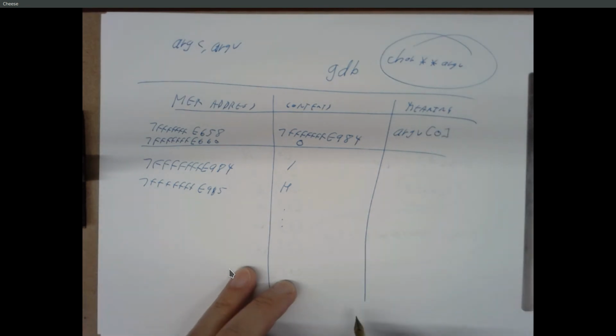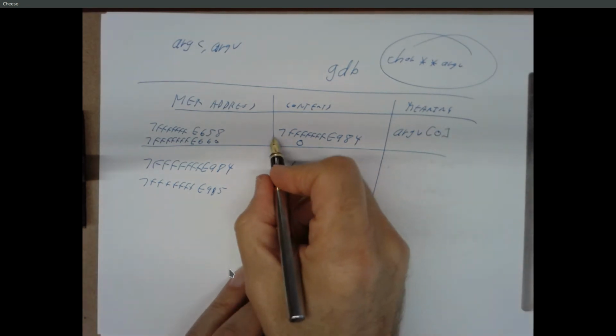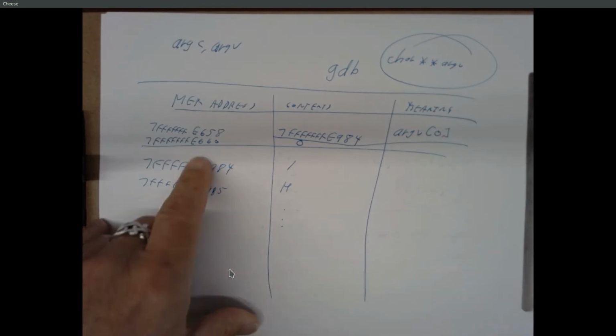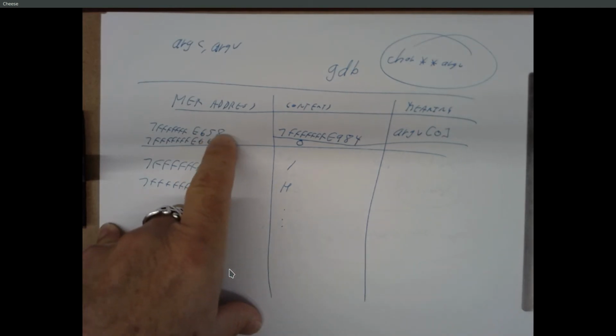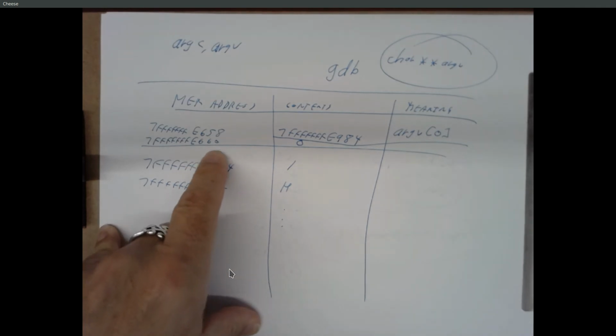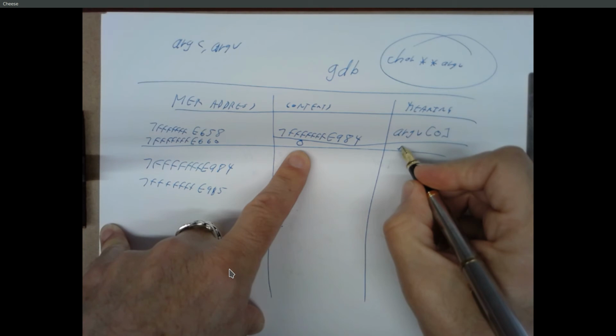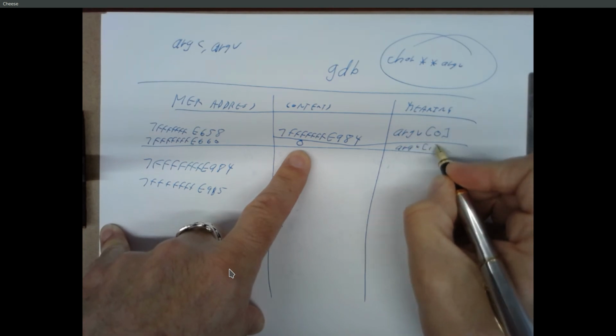It's argv bracket 0. And it's a big long hexadecimal number. Takes up 64 bits, so 8 bytes. E658. If we go 8 bytes after that, E660, what we find there is a 0. That's what argv bracket 1 is equal to.